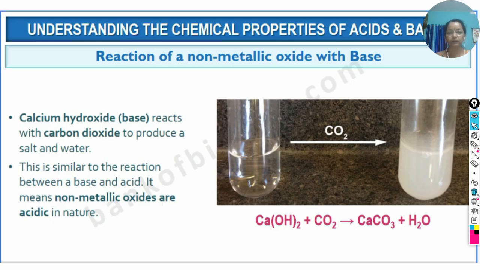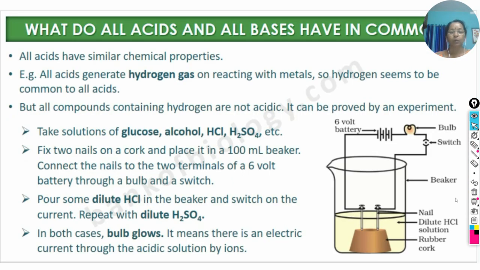Okay, next is why do acids behave like this? What do all acids have in common? For that there is an activity given. The setup is arranged like this, in which we are changing the electrolyte with HCl and H2SO4.